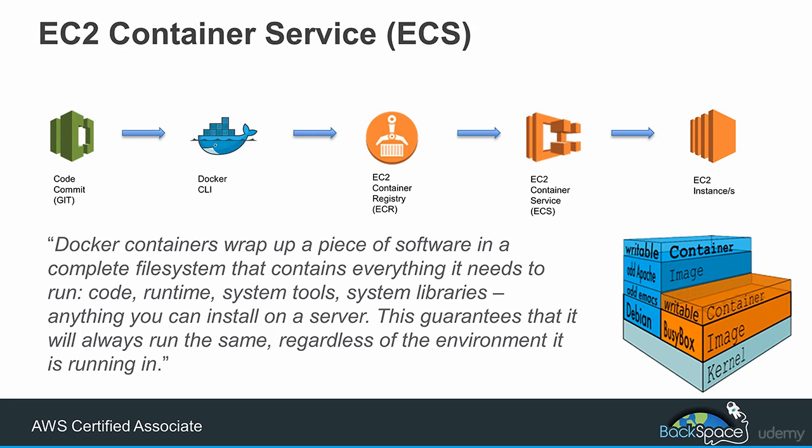And the good thing about that is it guarantees that it will always run the same regardless of the environment it's running on. Where this has been really helpful is that in the past, before we had the EC2 Container Service, if you wanted to go from your Git repository to your EC2 instances, you would normally have a startup script on those EC2 instances that would pull in your Git repository and update that on startup.